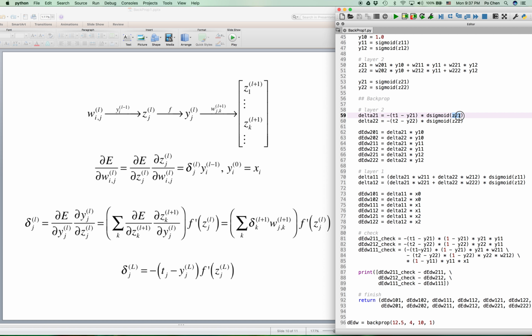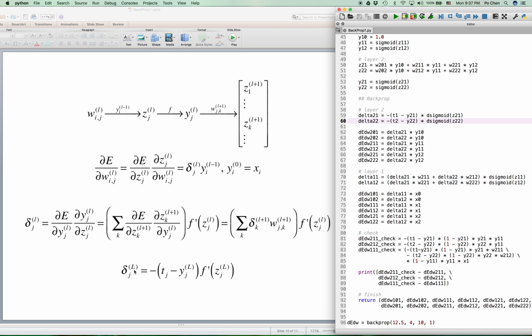So that's the input to the d sigmoid function, z21 and z22. And then what's multiplied with the derivative of the sigmoid function is t minus the corresponding y. So it's t1 minus y21, because capital L equals 2, and then t2 minus y22, with the minus sign. So that gives us the 2 deltas at the top layer.